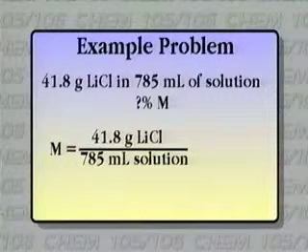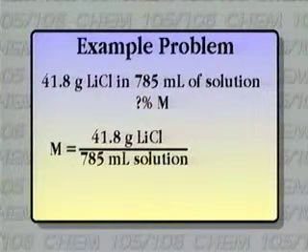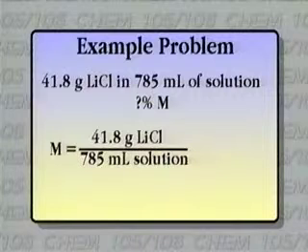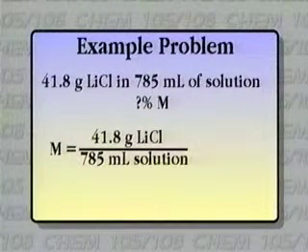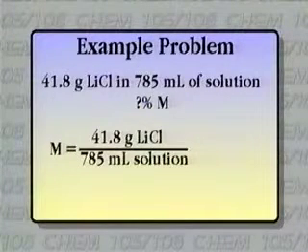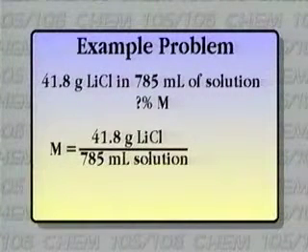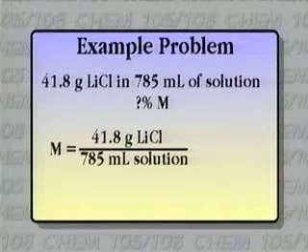Now, looking at that, we're going to ask the question, what do we need to do to change from the units of grams of lithium chloride to moles, and what do we need to do to change milliliters of solution to liters? So we're going to be looking for two conversion factors here to allow us to make that change. Well, let's do the bottom one first.